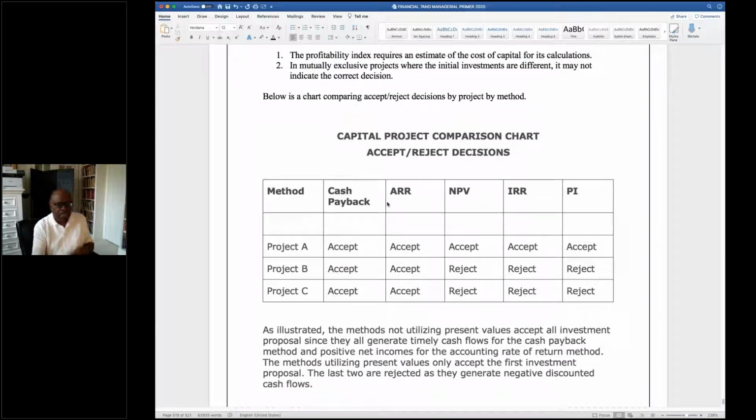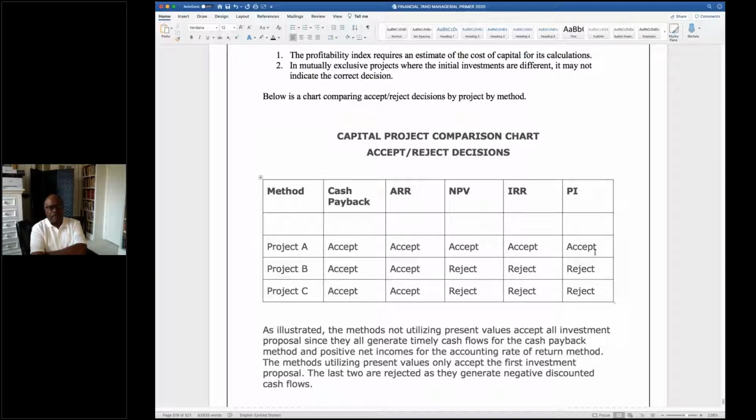So here we have this table now. What I've done is I've looked at projects A, B, and C, and I've shown you what the various methods do. Cash payback and the accounting rate of return, because they're simply based on dollars and not present values, accept everything.